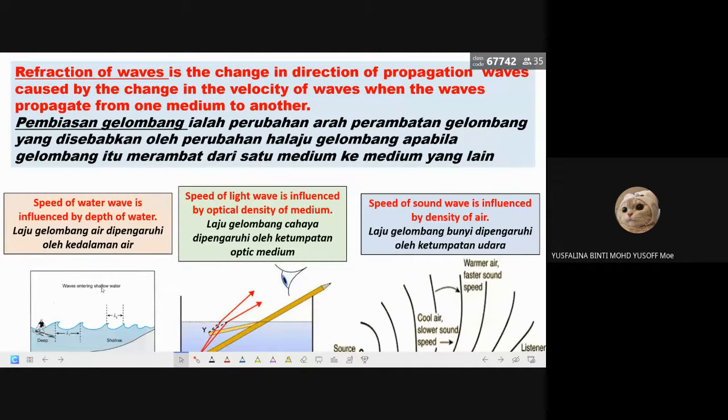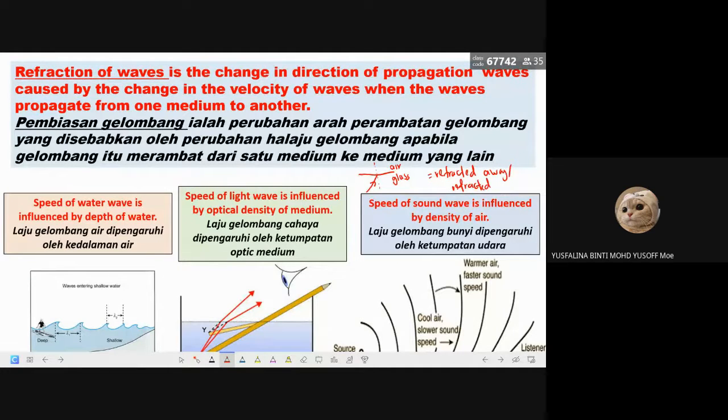So let's say for the light wave, I think you already learned this one. Let's say this is air and this is glass. The light comes from the glass. Can you tell me whether it's refracted away from or refracted towards the normal line?